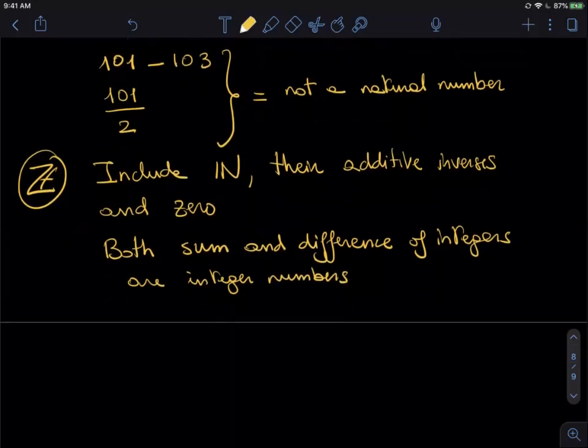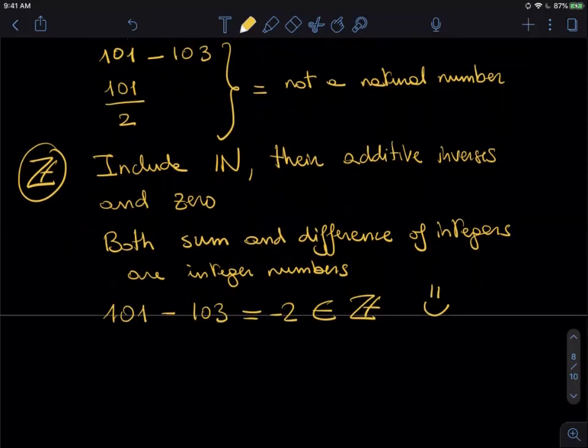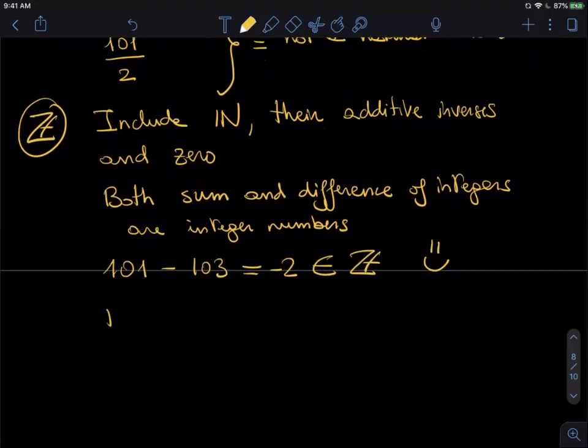So for example, now if I do 101 minus 103, I get -2, which is a number in Z, so no problem. Happy face. But the product is still okay. The division, not so much. So the product of integers is an integer.